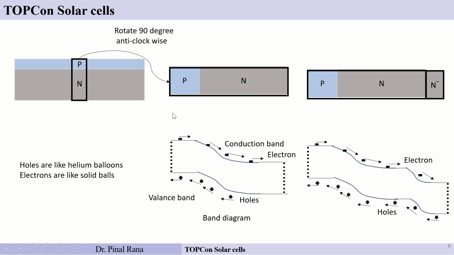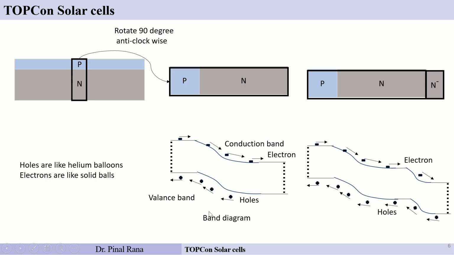So at the surface, these are the dangling bonds, or surface silicon dangling bonds, we can see.